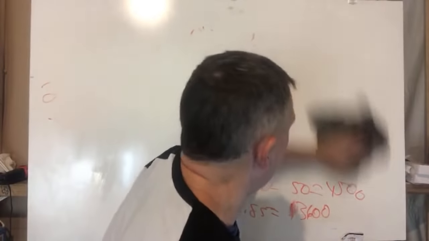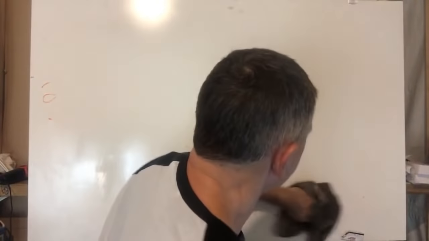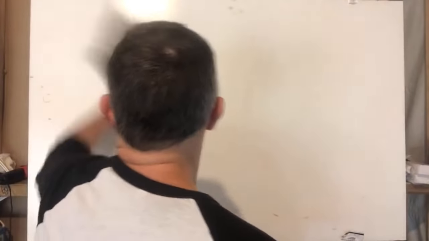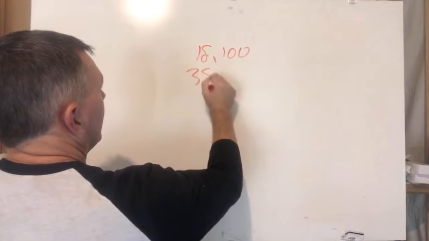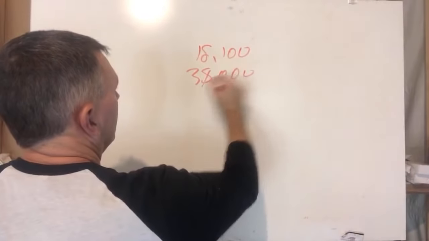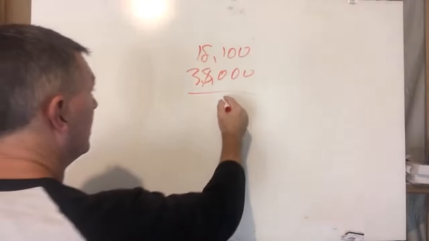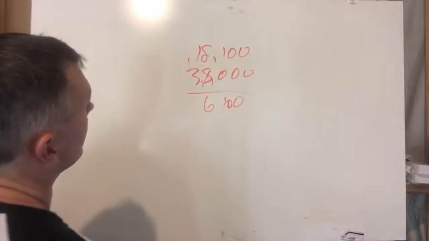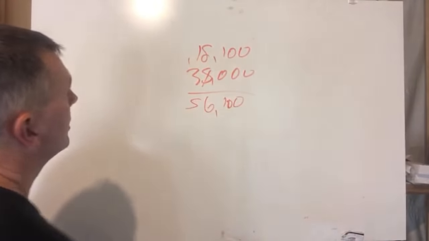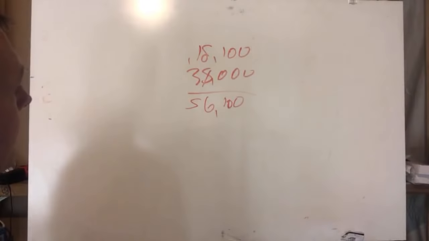Now, here's where it gets fun. 18,100 of your Social Security is subject to taxation, and you have a $38,000 pension. So we take 18,100 plus 38,000. That's 56,100.